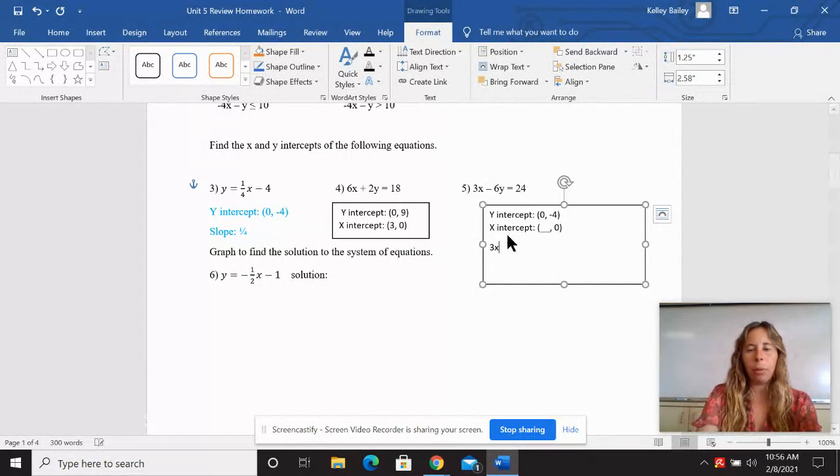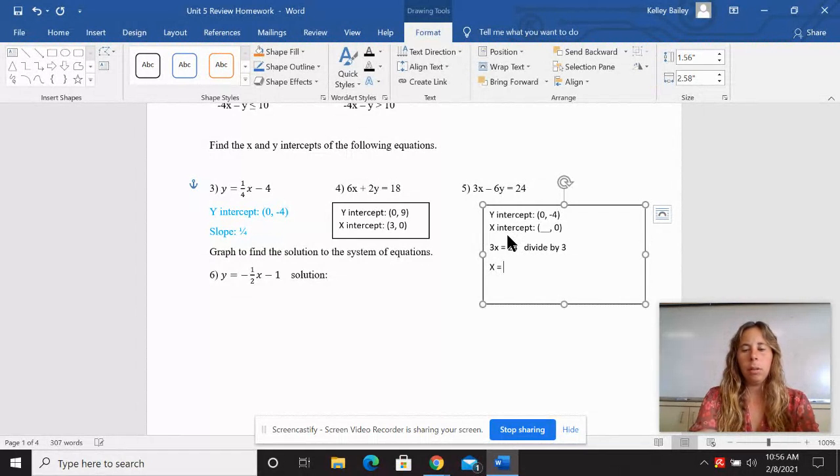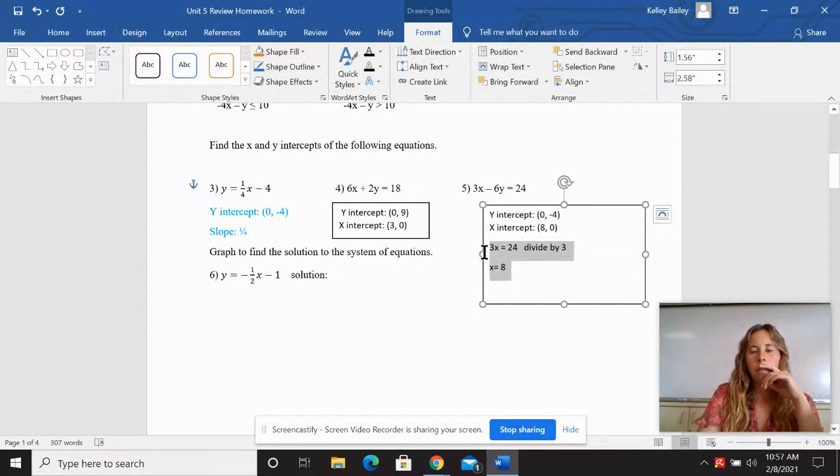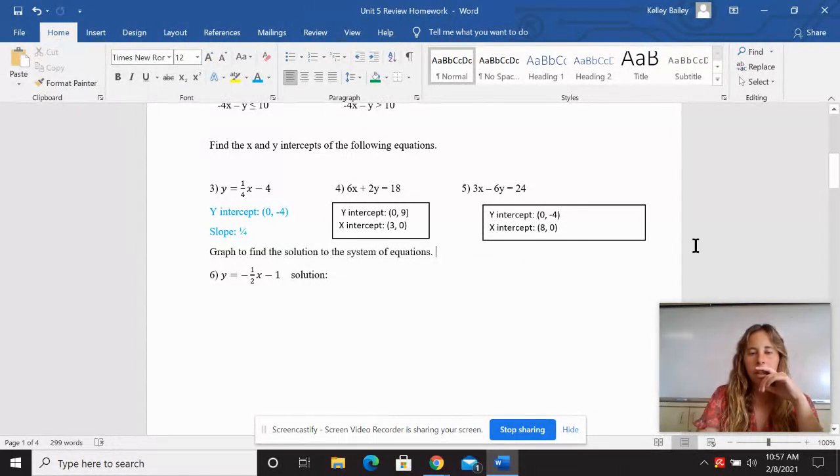So you're just left with 3x equals 24, and you would divide. 24 divided by 3, 8. You get x equals 8. All right, so there are your x and y intercepts for number 3 through 5.